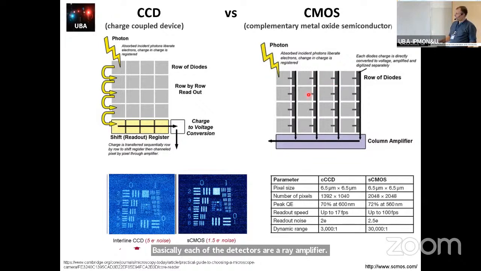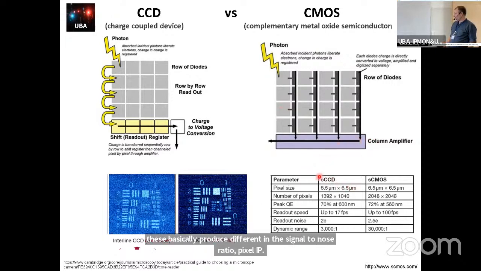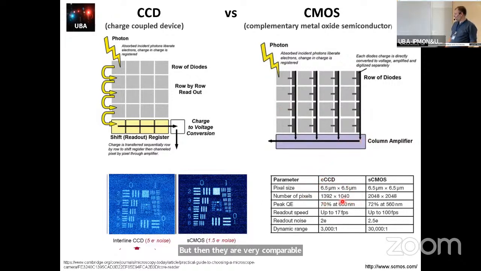The main difference between these two is that the noise in the CCD is the same for all the pixels, while in the CMOS it is not, because each of the detectors is amplified by itself, and this basically produces differences in the signal-to-noise ratio, pixel by pixel. But then they are very comparable in, let's say, the quantum efficiency.